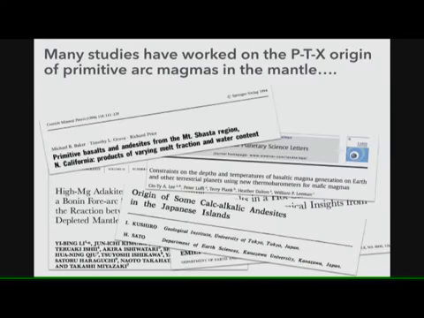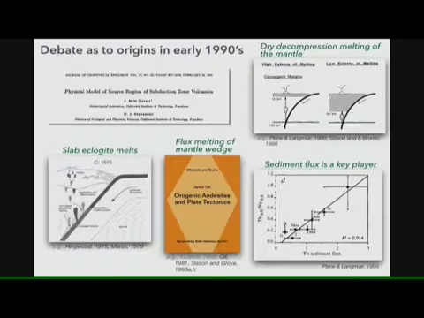So there have been lots of studies on what produces these primitive basalts. This is a long history of work that goes back to the 60s, which was really when we started doing a lot of this work. And there's been a lot of important work on it since then.